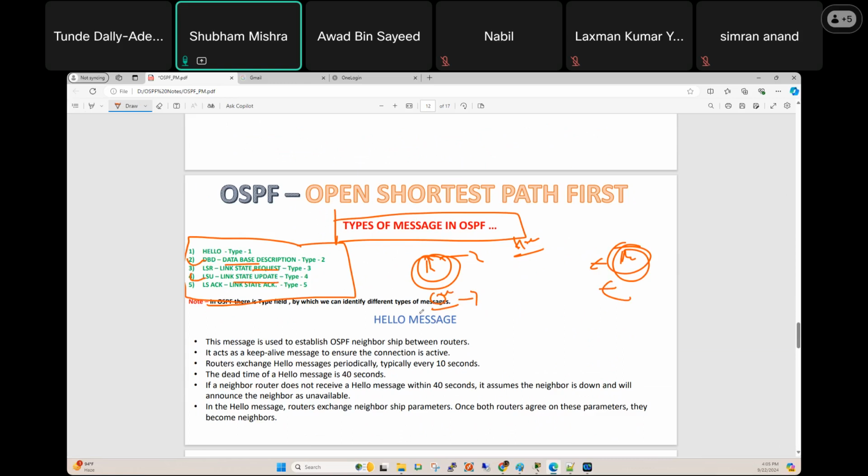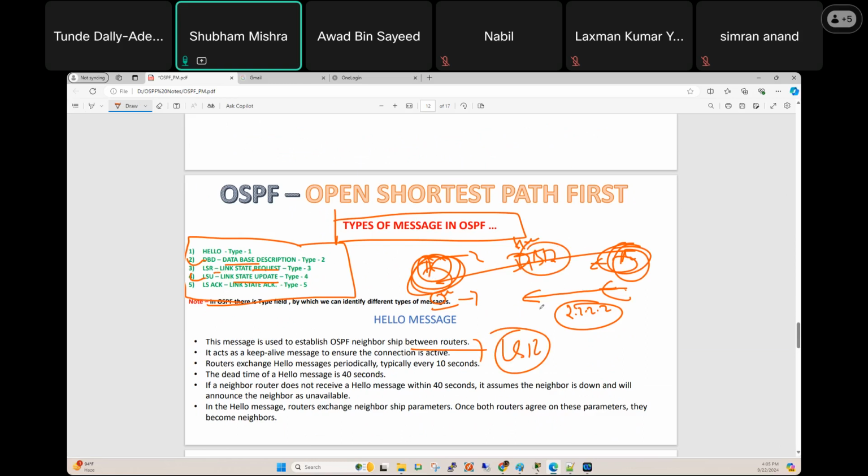LSR means request. For example, this router shares its database, and in this database it tells something about 2.2.2.2. But the other router doesn't know the exact information about 2.2.2.2. It only received the overview with the help of DBD.